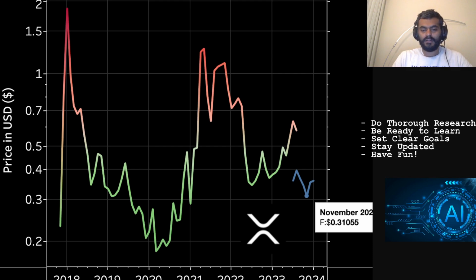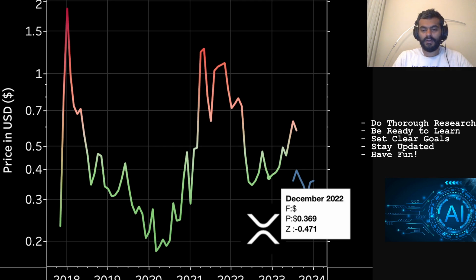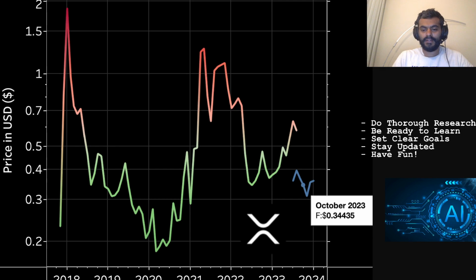So the higher lows are not intact in that environment, and the June 2022 low gets taken out in an extreme downturn. December is at 35 cents, and January 35.9 cents.